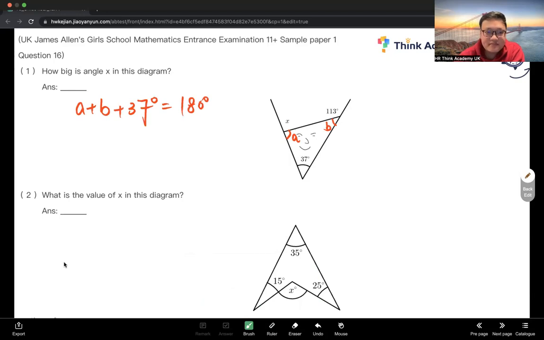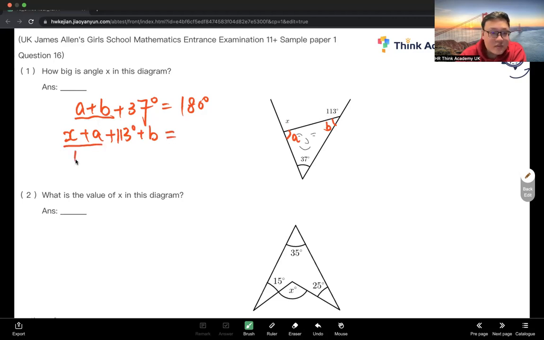And then X plus A is 180. You want to get A plus B and then eliminate it together. So you have to add this 130 plus B together. So 113 degrees plus B equals what number, guys?